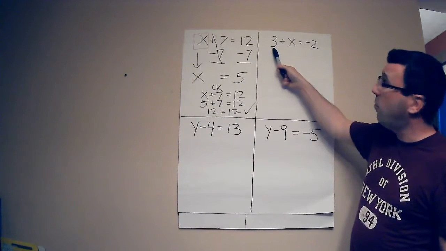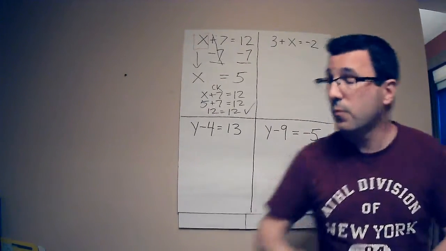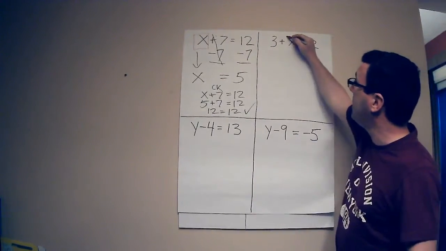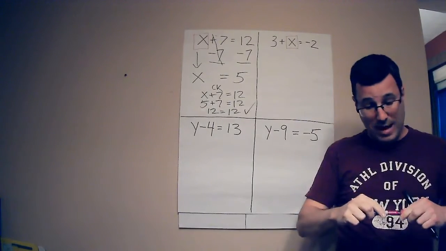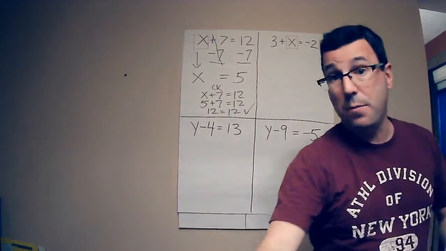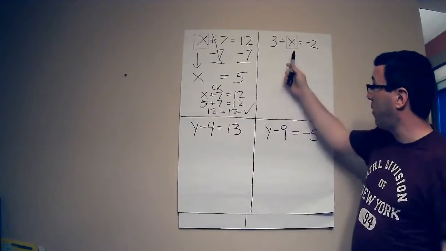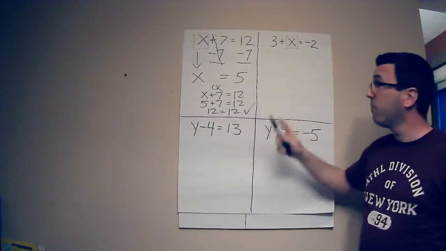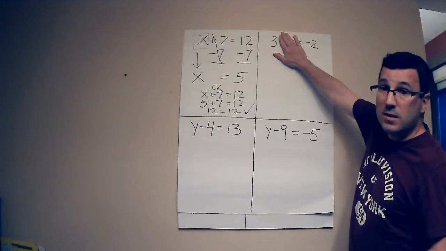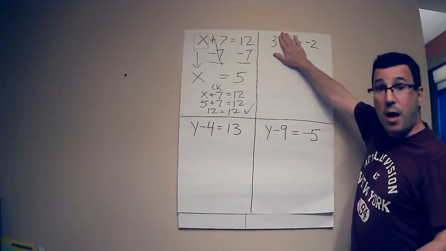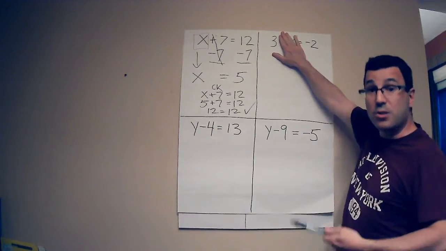But what's most important is I'm saying, I need the x to be a positive x, and I need it not to move. So I put a box around there. It's not moving. The only thing on the outside is that 3, and that's a positive 3. So I'm going to undo that by putting a negative 3, which is subtracting 3.